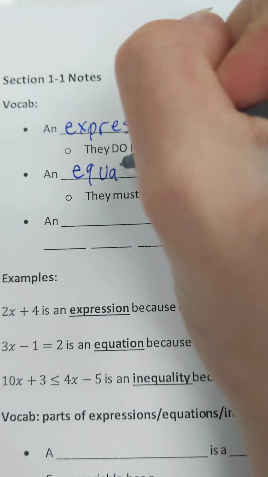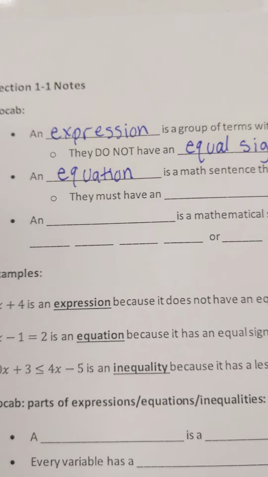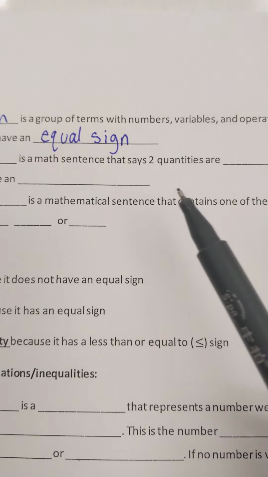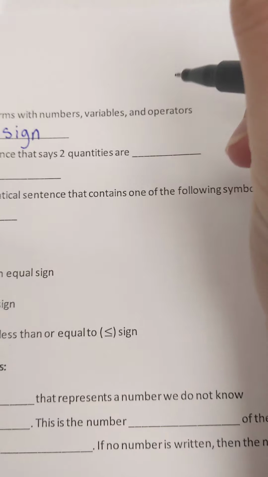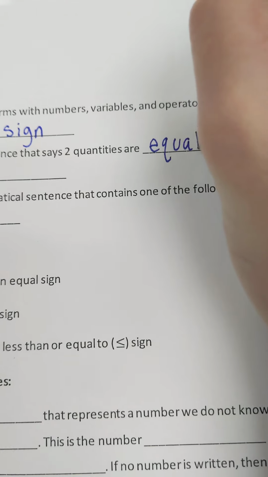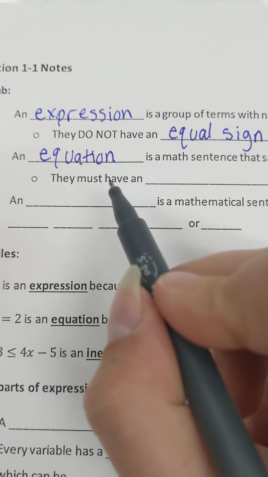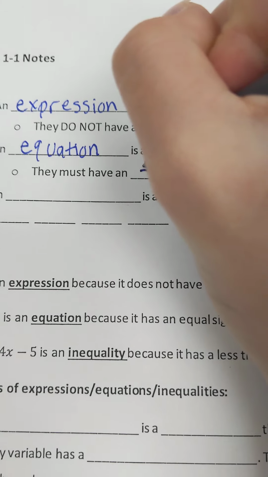An equation is a math sentence that says two quantities are equal. Equations must have an equal sign.